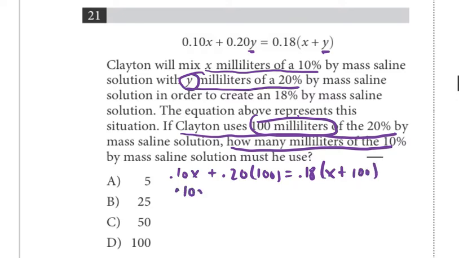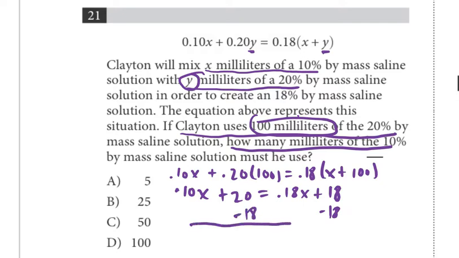And go here. 0.10x plus 20 equals 0.18x plus 18. Subtract 18 from both sides. And then we solve by subtracting the 0.10x from both sides.